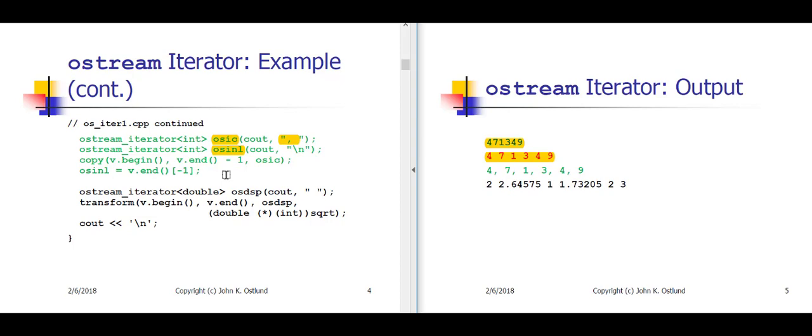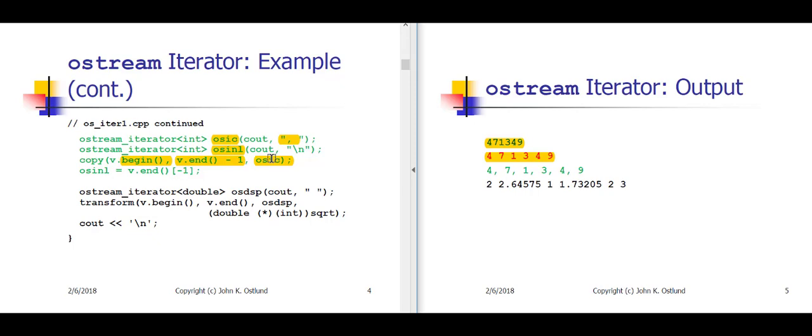Now, because I don't want a comma after the final value in my vector, what I'm going to do is run my copy algorithm from v.begin up to, but not including, v.end minus 1. That is, I'm only going to display all of the values in my vector up to but not including the last value that's actually in the vector. And these are going to be delimited by commas.